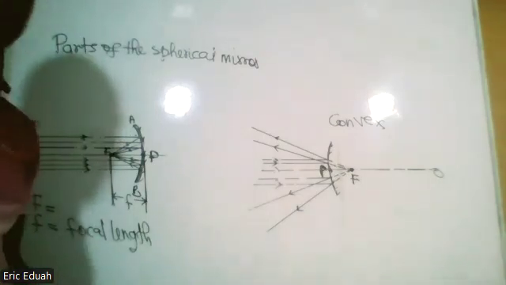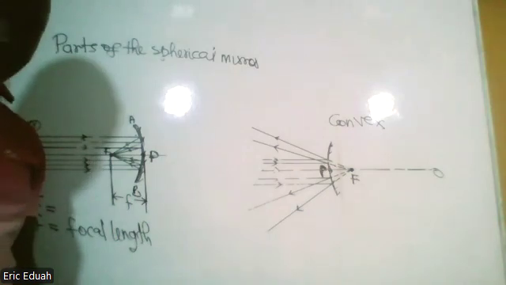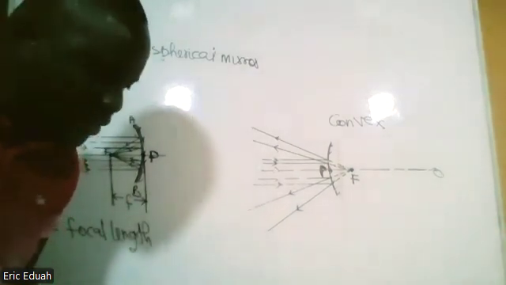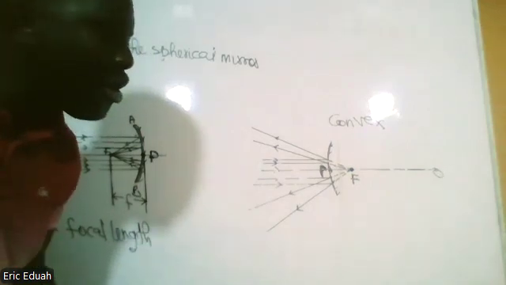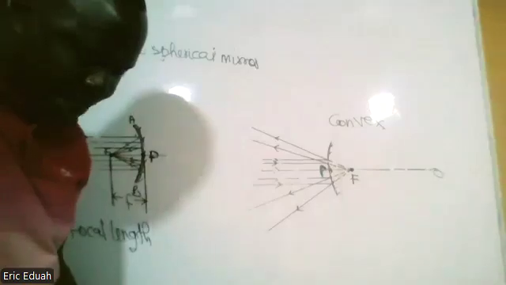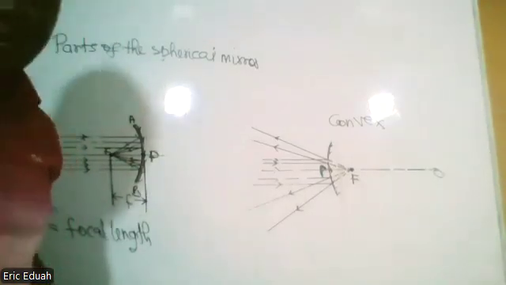So we define the principal focus of a convex mirror as a point on the principal axis where all paraxial rays appear to be diverted from after reflection.